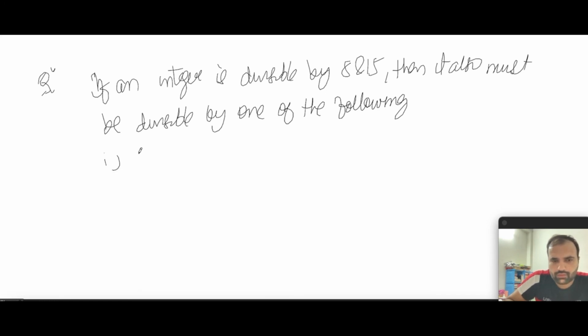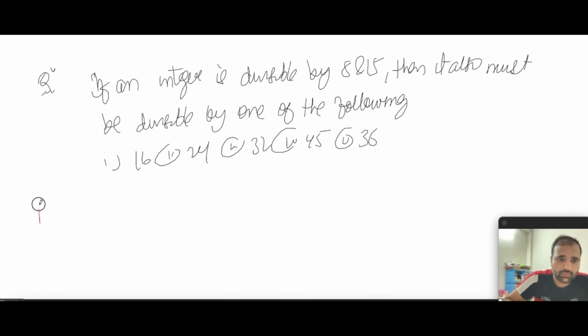So we can take, let's say 16, 24, 32, 45 and 36. Again, this question completely looks like the concepts would be from divisibility and remainders, which is another topic I would be going through, but it isn't. It can be done just by using prime factorization as well.